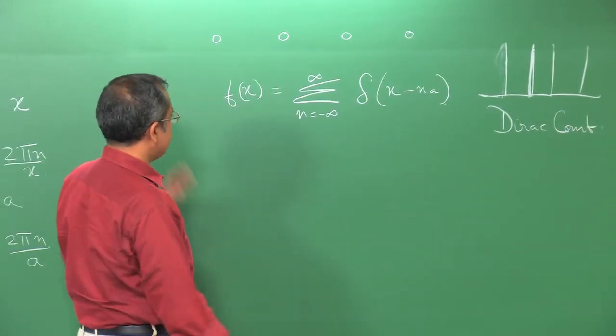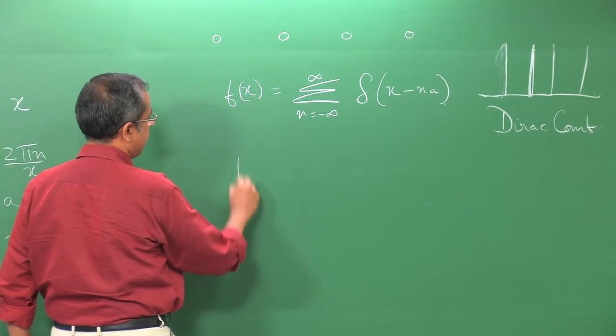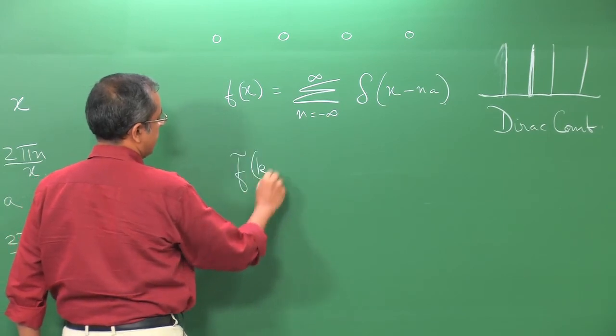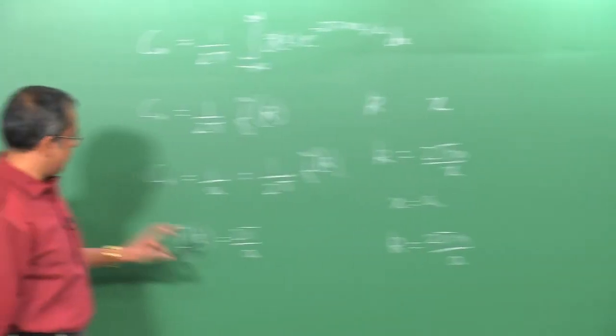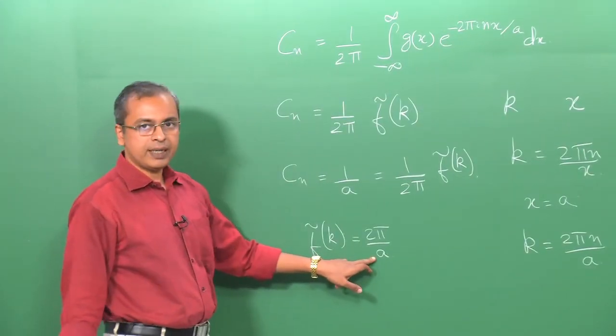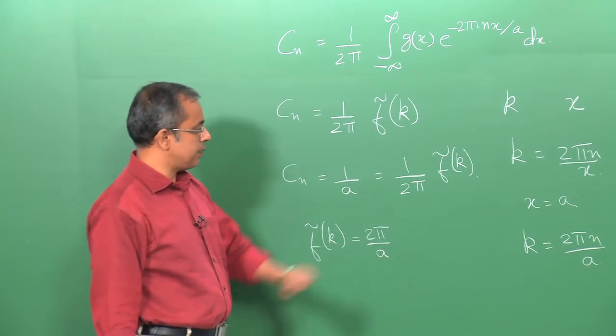Now, we have a similar situation for f tilde k. We see that it has to have values of 2 pi over a, but it can have these values only at specific values.